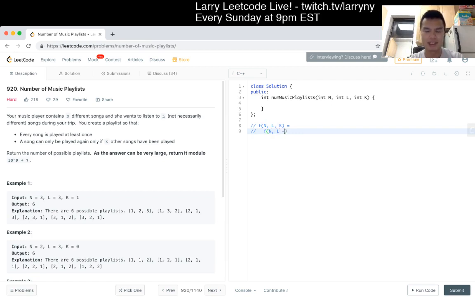L minus 1 because you played the first song in the first one, or L minus K actually. Well, I guess K is just still K. Plus N minus 1, and then you start from maybe even 0.